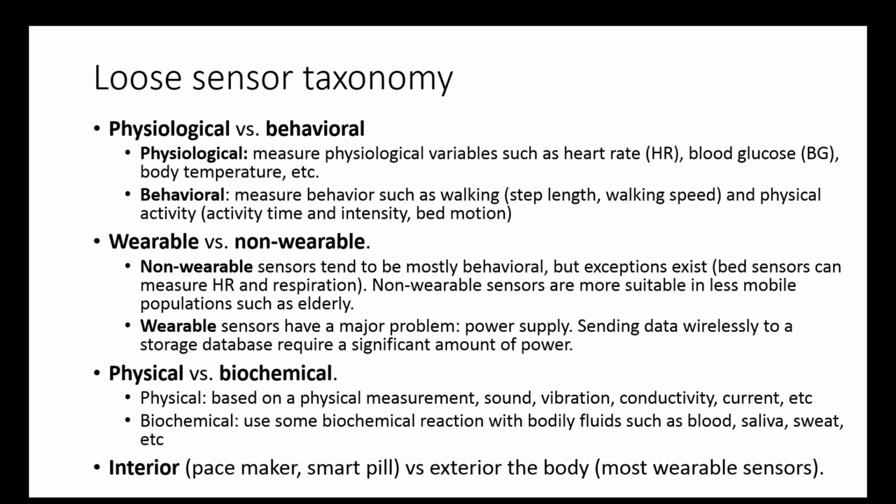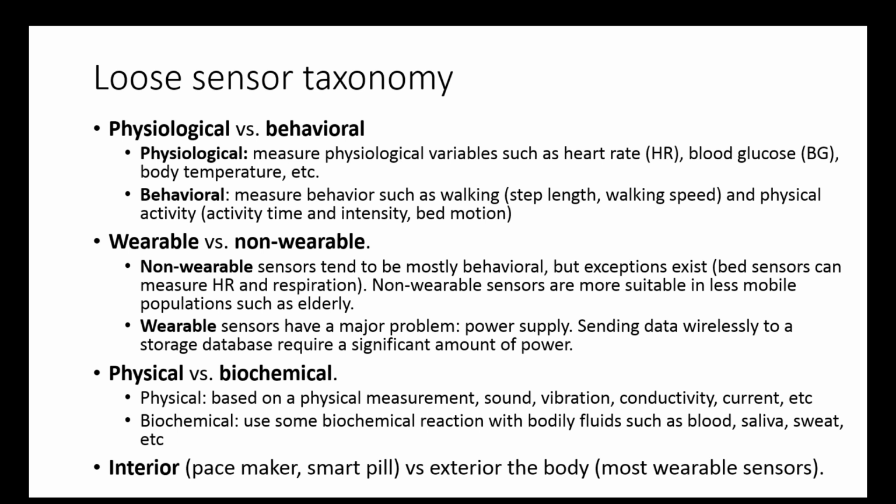And then also where you place the sensor. Yeah, and probably that's not the best choice of words. Interior of the body versus exterior. Obviously we would like to have more exterior sensors than interior, like a pacemaker or smart pill, and some of them are at the surface, like the continuous blood glucose monitoring where you stick.